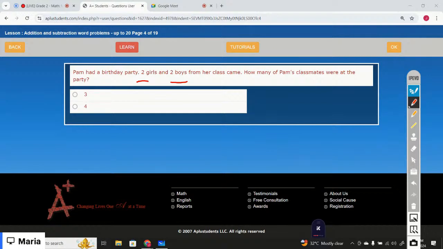So what do you do? Add or subtract? Just understand the question, then you will understand which operation you have to perform.